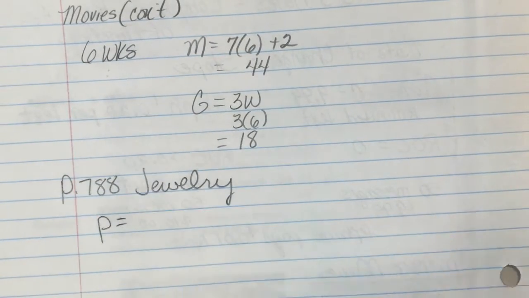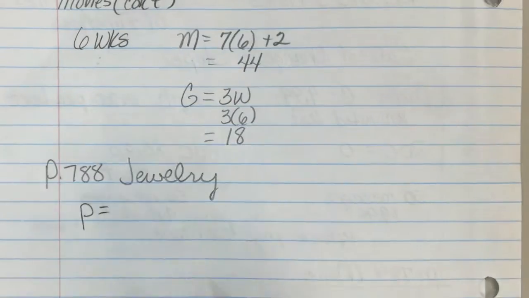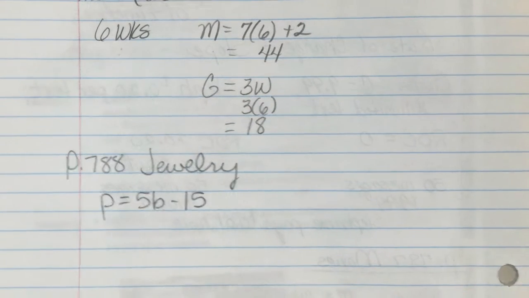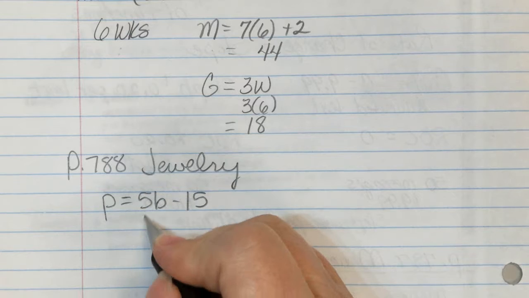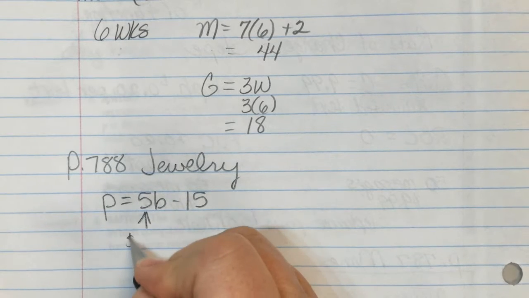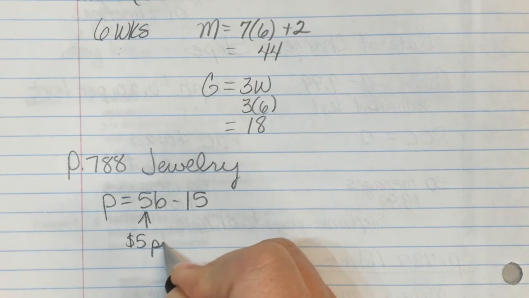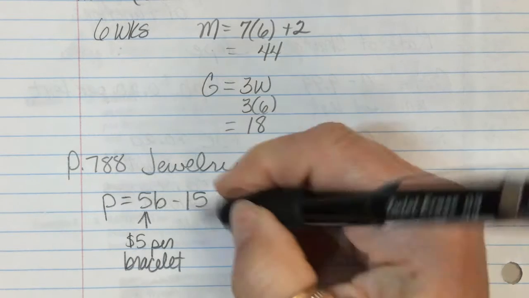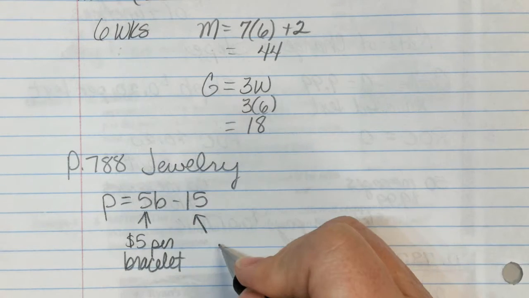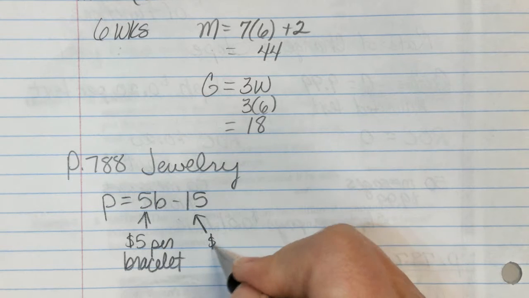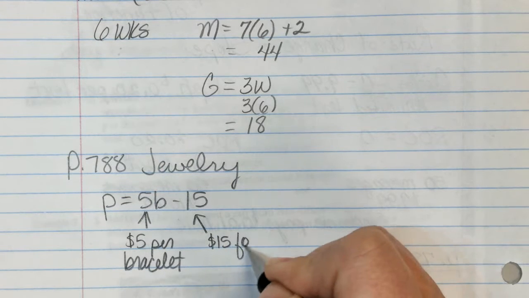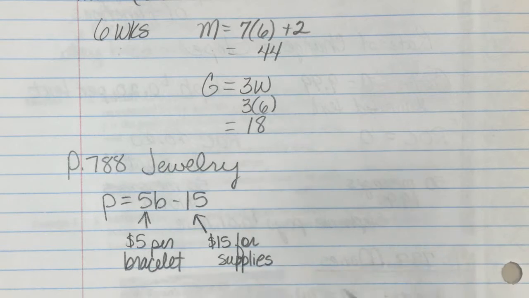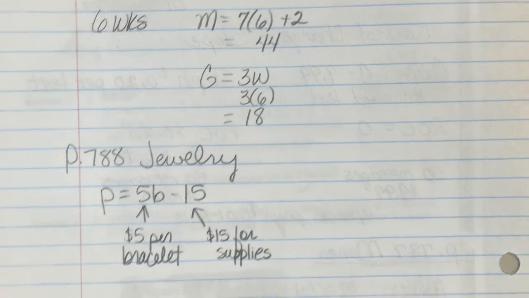So it says P equals 5B minus 15. So you want to interpret that as $5 per bracelet. But then this person evidently had to pay something up front because she's starting out $15 in the hole. So let's say she had to buy supplies.